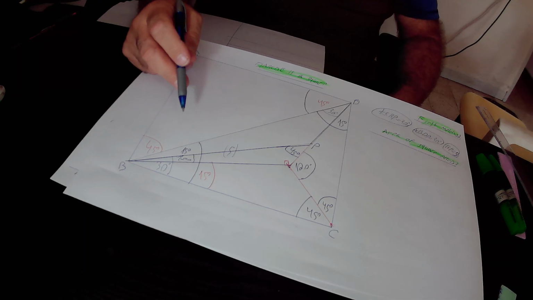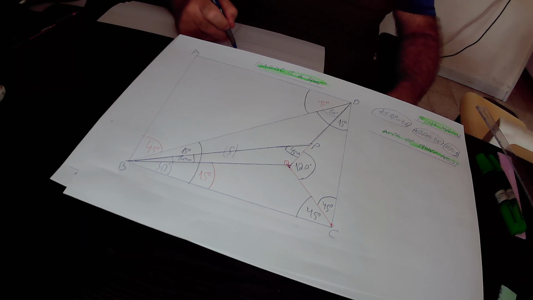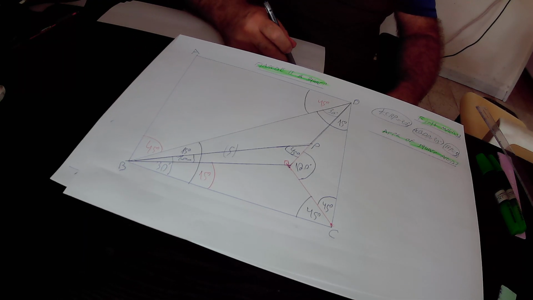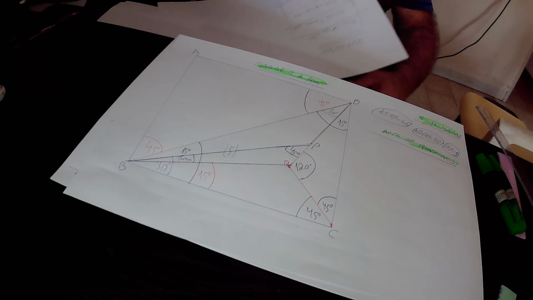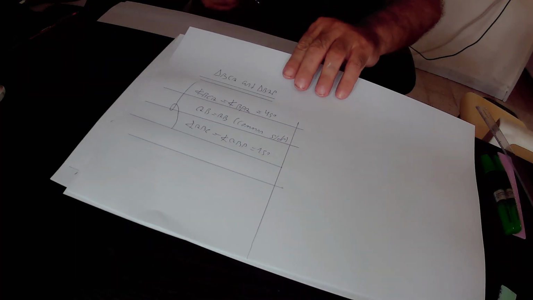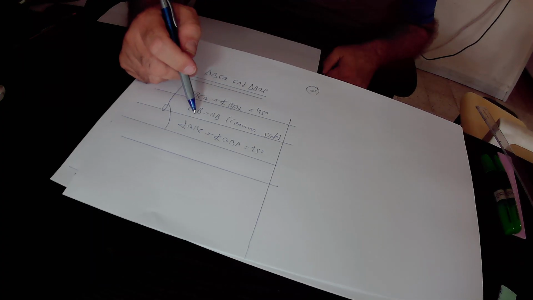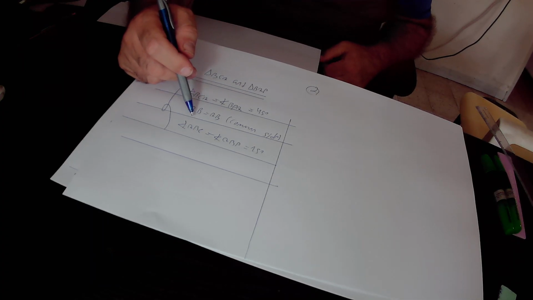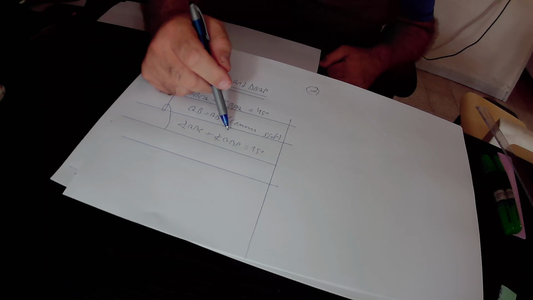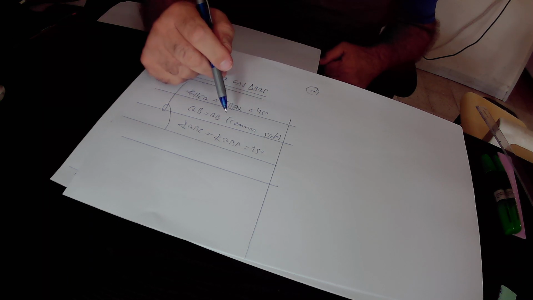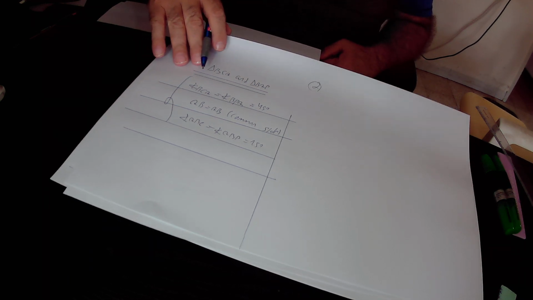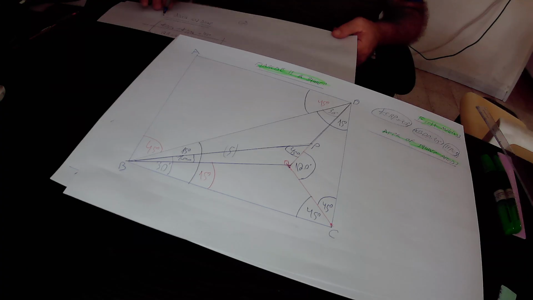Again, angle QBC and angle QBP are both equal to 15 degrees and therefore they are equal to each other.